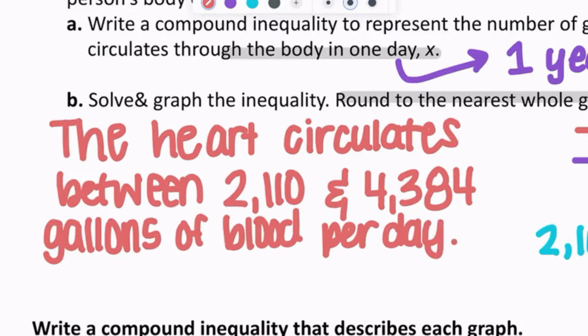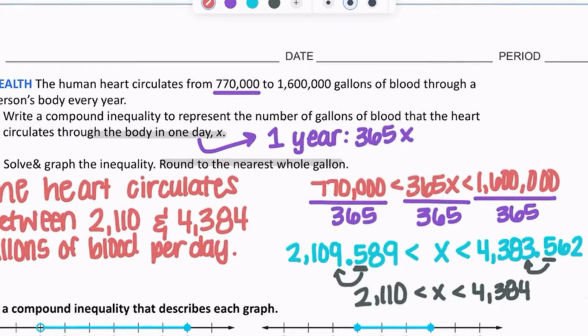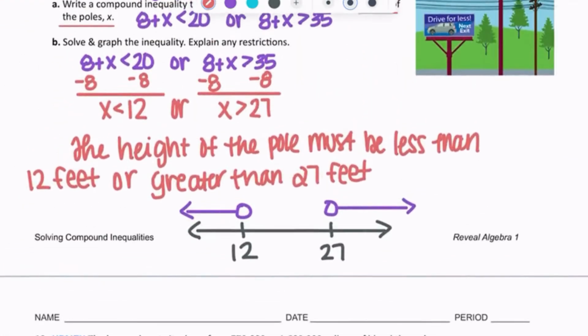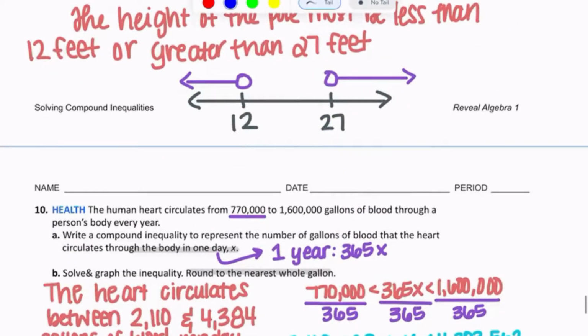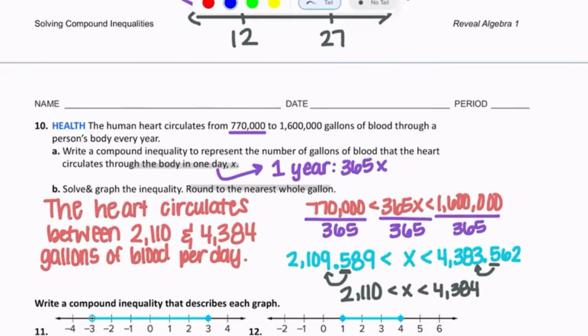And I knew that this was a connected inequality because it does say between. Okay, whereas up here, I knew that they were not connected because it says it's this or that. And again, my picture was helpful. Here, that word between, or it circulates from this to that, tells me here we are.